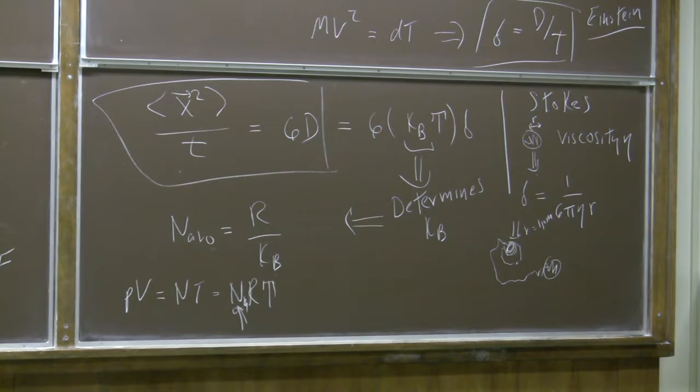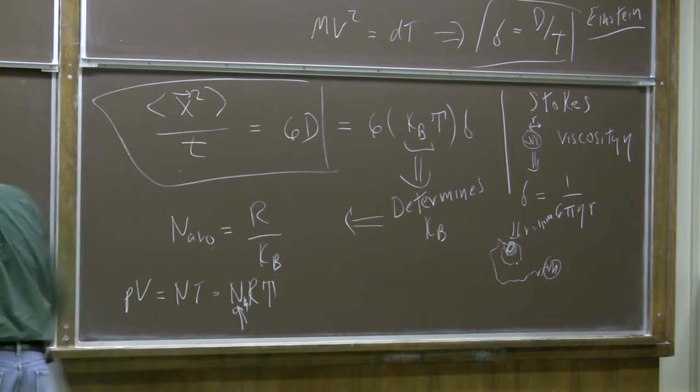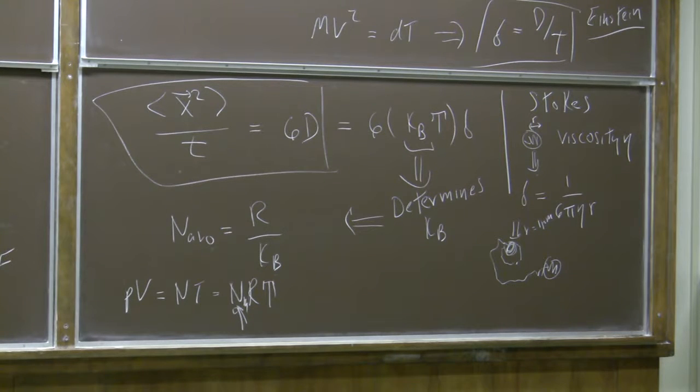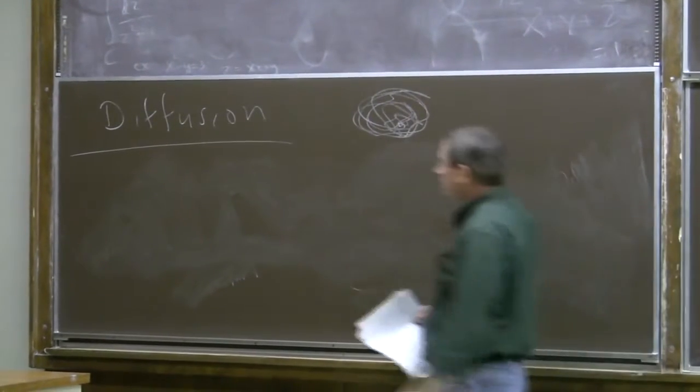Okay. So this Einstein relation was one of the first examples of something that's called a fluctuation-dissipation relation.